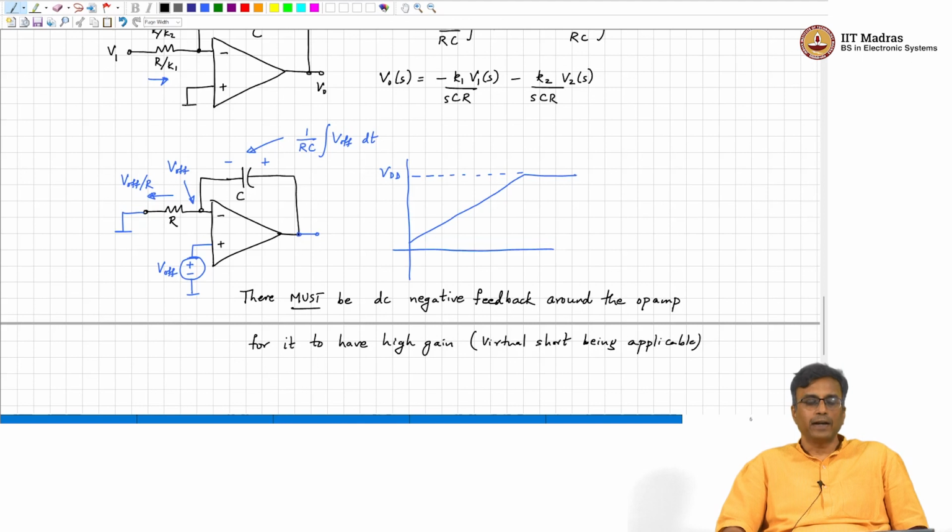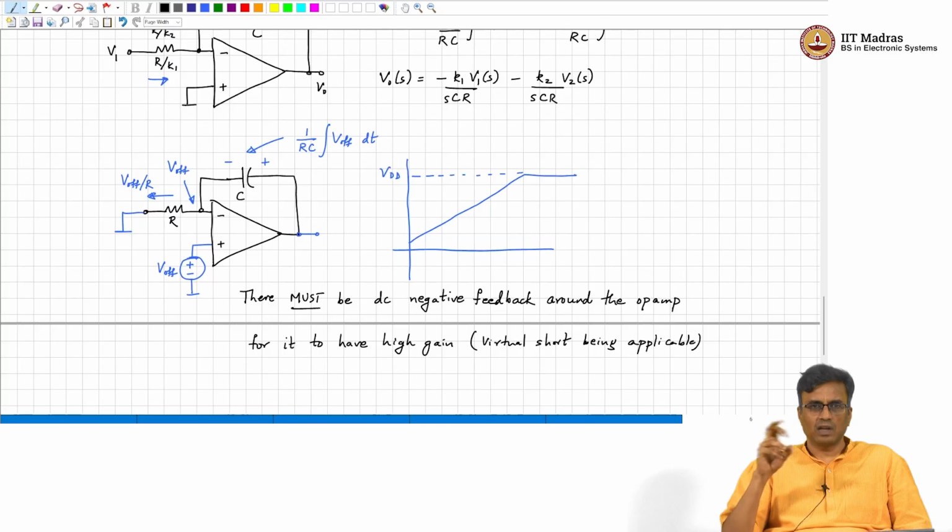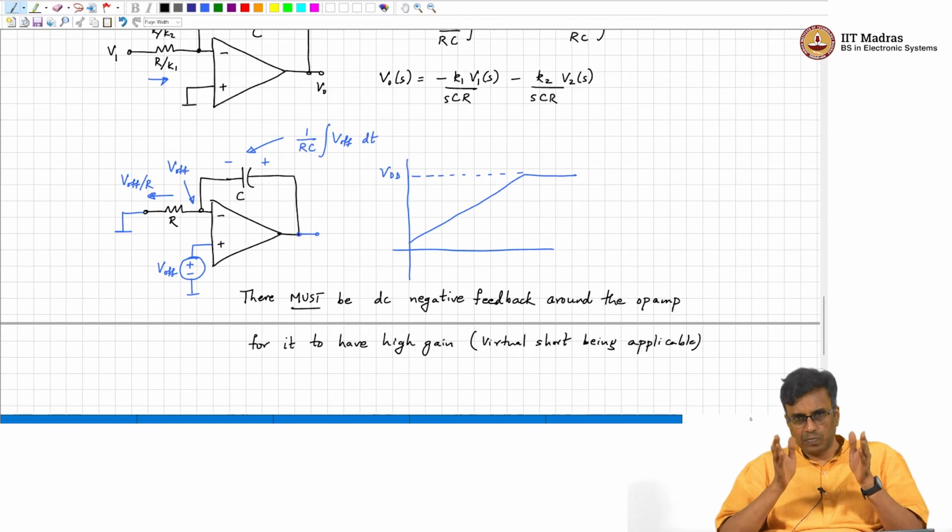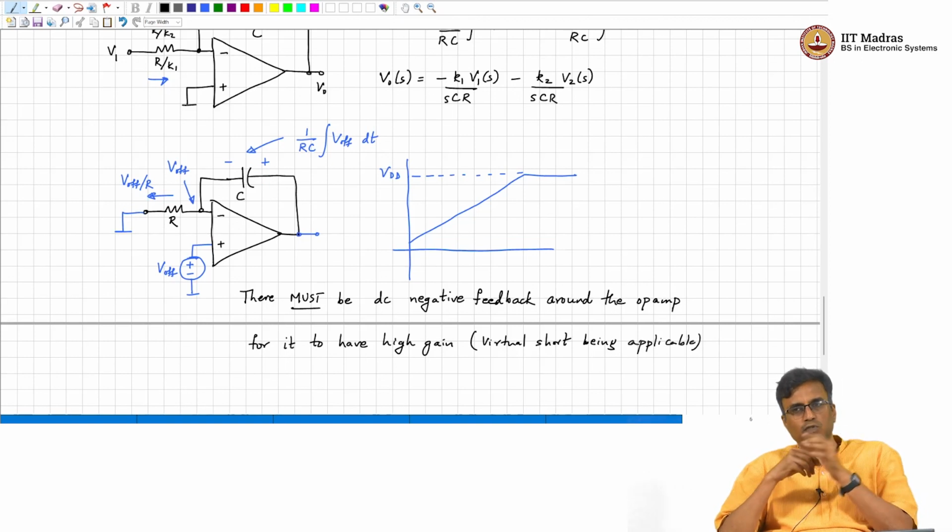If you go into a lab and try to build an integrator like this and expect that you will put in a waveform and the output will be the integral of the input waveform, you will be in for a surprise, because the output will either be plus VDD or minus VDD. If the output is plus or minus VDD, can we say the two input terminals of the op amp behave like a virtual short?